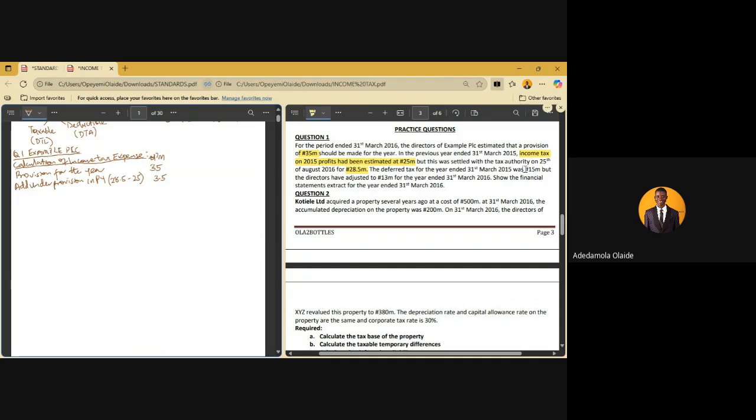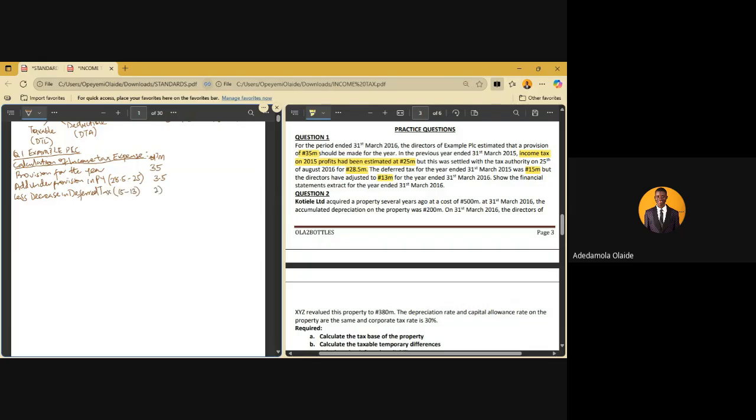Then what else? The deferred tax in 2015 was 15 million, but in 2016 it is now 13 million. That means it has reduced. So we'll say decrease in deferred tax, which is 15 minus 13, that is 2 million.